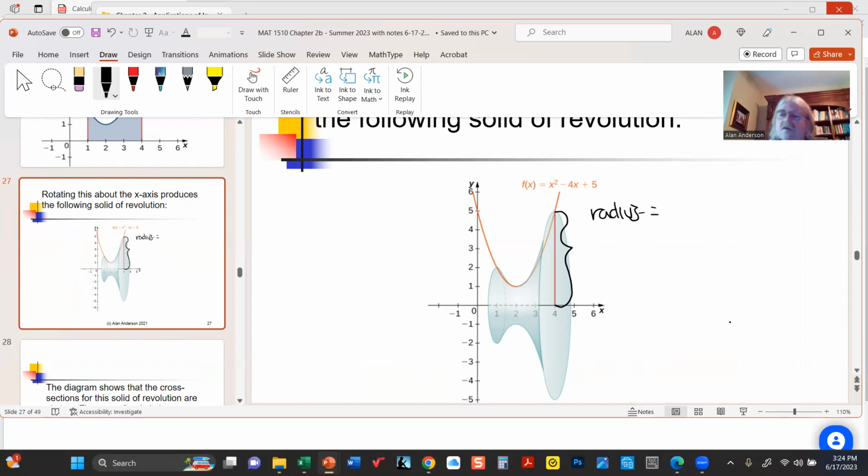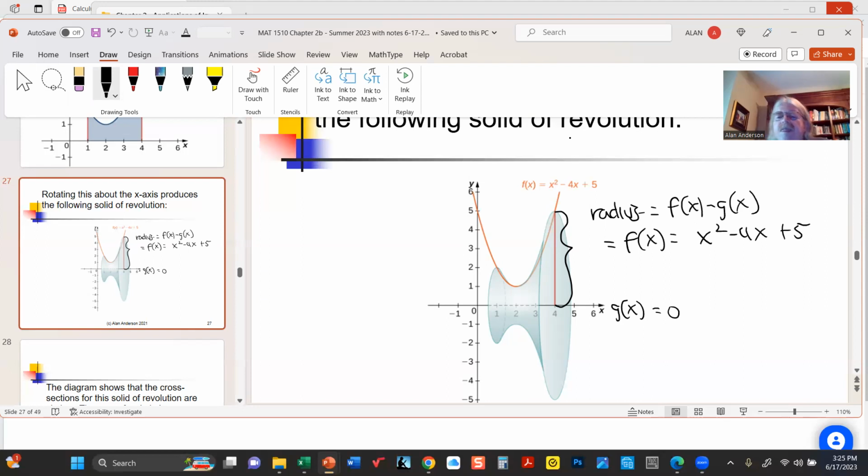Now, as we saw earlier in the chapter, if you think of the horizontal axis as g of x, then the radius, or the height, would be simply f of x minus g of x. But of course, g of x is 0 across the horizontal axis. So the radius is simply f of x, x squared minus 4x plus 5.